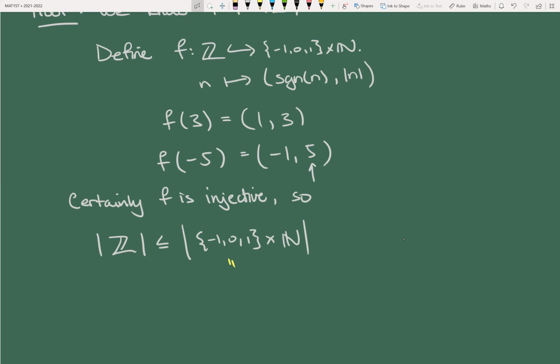This is equal to {-1} cross N union {0} cross N union {1} cross N. Right? So it's a countable union of countable sets and therefore is countable.